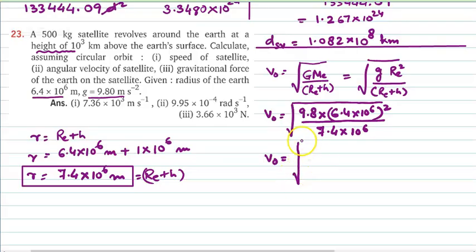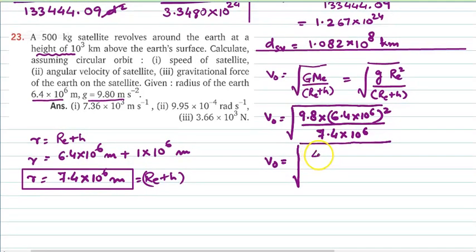So what you need to do, you need to first solve the numerator part. Please learn how to use the calculators. First solve the numerator part, that's all. On solving the numerator, you should be getting 4.014 into 10 to the power of 14. And that has to be divided by 7.4 into 10 to the power of 6, isn't it? Do that.